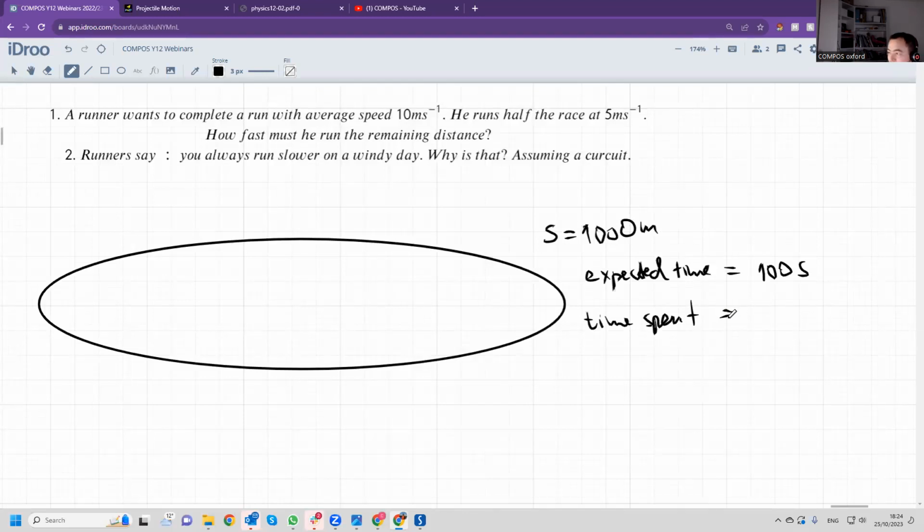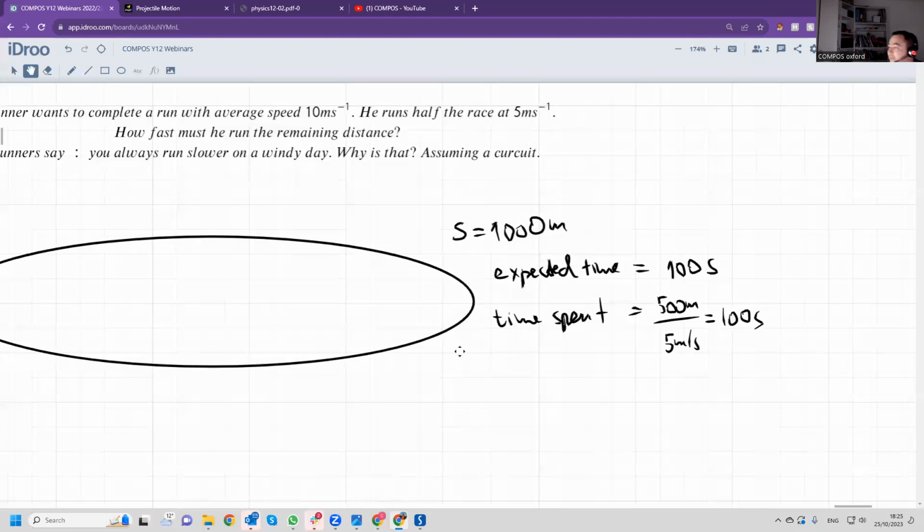Well, you can do that. I mean, no, he ran 500 meters at 5 meters a second. Not 2,500, 100, yes. So he ran 500 meters at 5 meters per second. So he already spent 100 seconds. So obviously it can't be done.